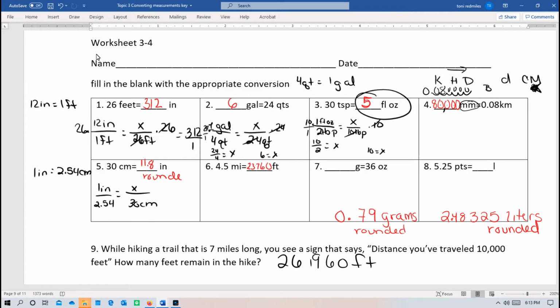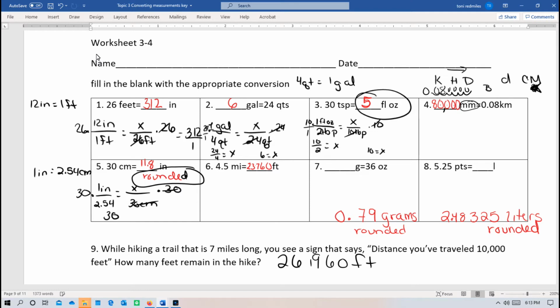You probably got 12, because it's almost exact 30 centimeters to 12 inches or a foot. So when I put rounded, that's because if you rounded a particular way, and I even rounded, just not as much as others might have, you would have gotten a slightly different answer.